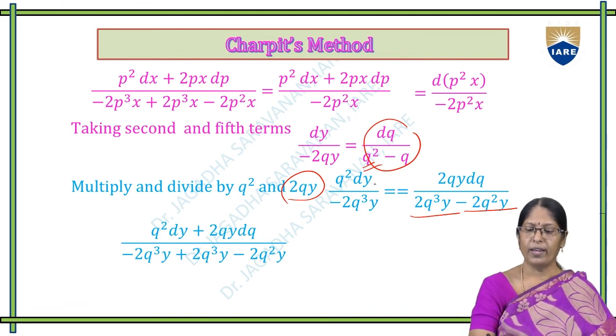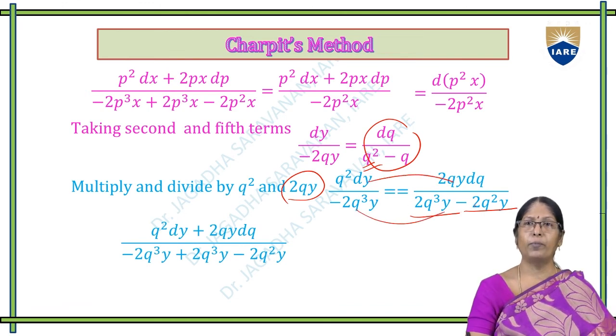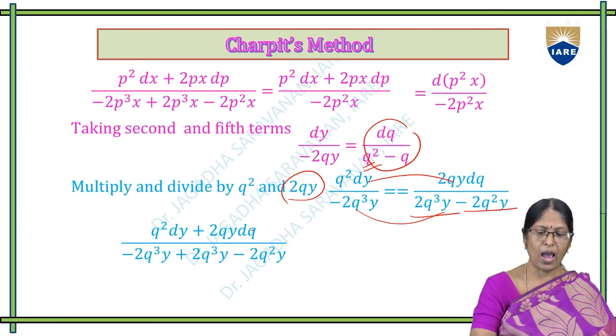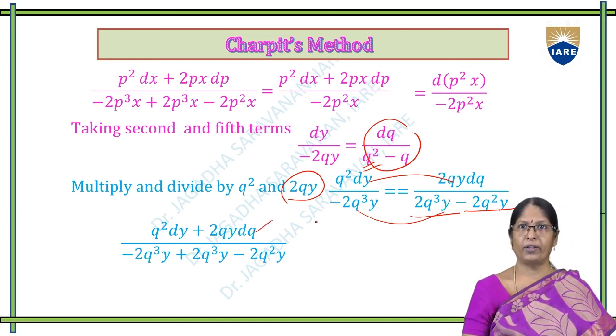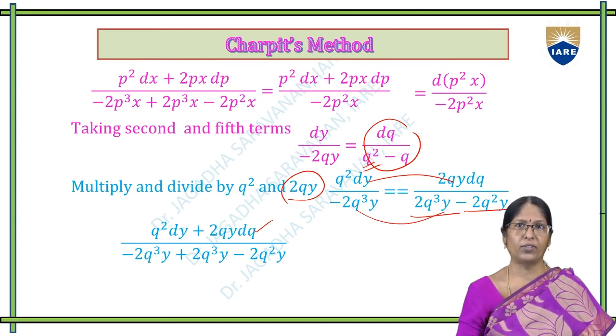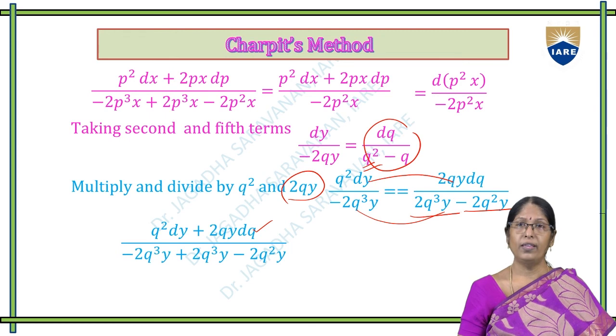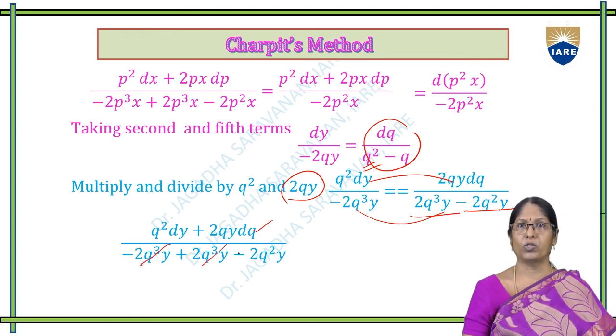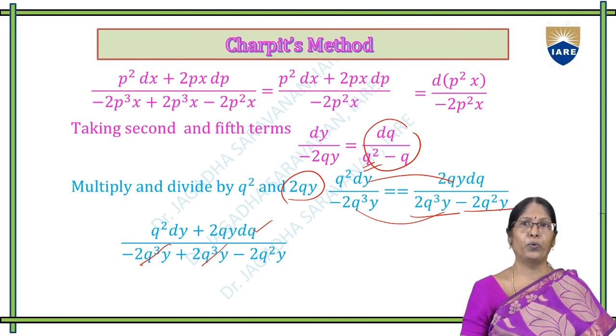So completely, the numerator and denominator, we are going to add the terms. After adding the numerator, there is no change; no terms are getting cancelled. Whereas in the denominator, these terms are getting cancelled, because minus 2q cube y plus 2q cube y are in opposite signs.